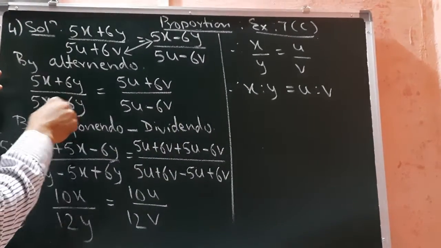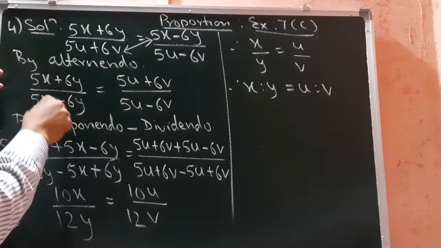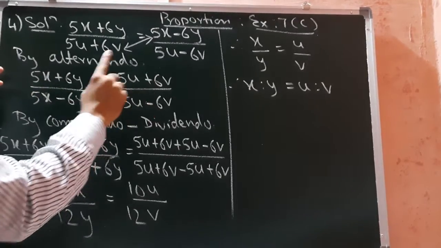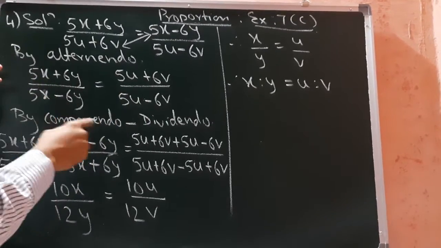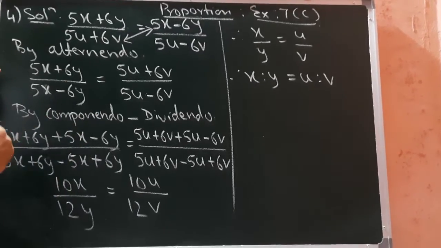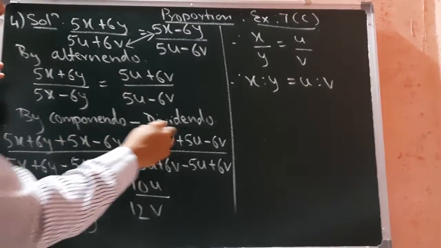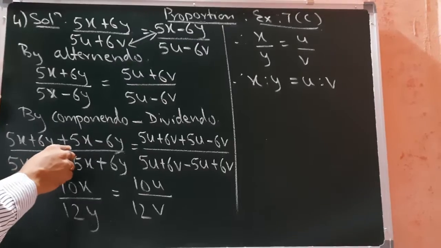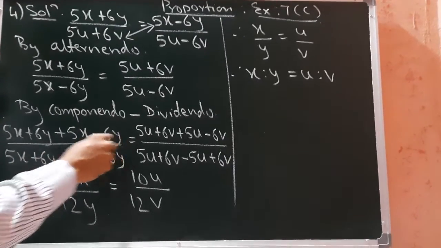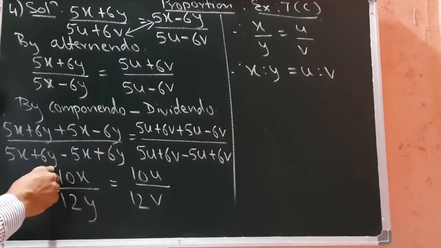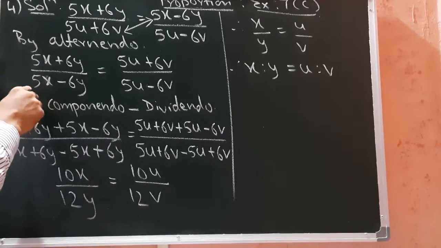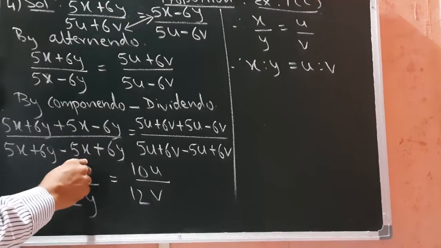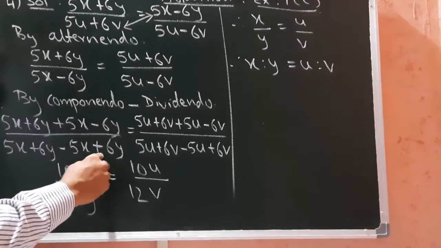Now on both the sides, up and down, we have opposite signs and the terms are the same. So we can use componendo dividendo. By componendo dividendo, 5x plus 6y plus 5x minus 6y upon 5x plus 6y minus 5x plus 6y.